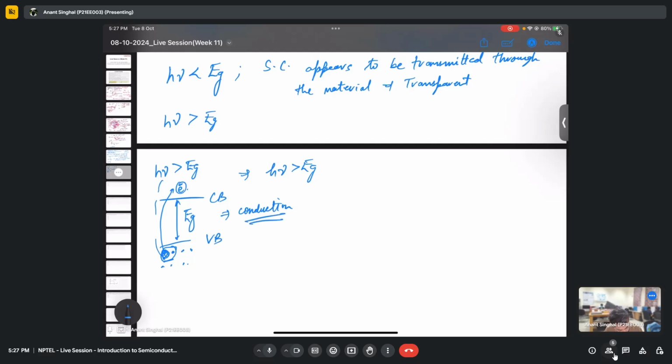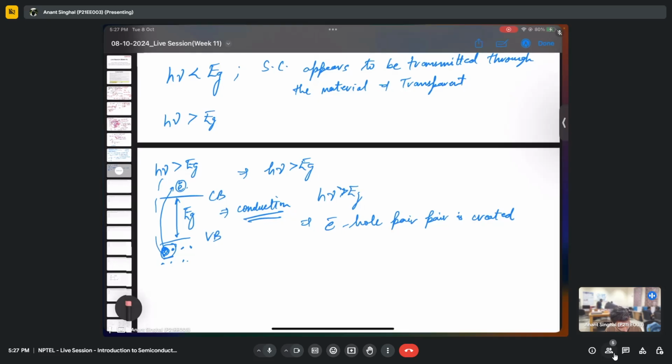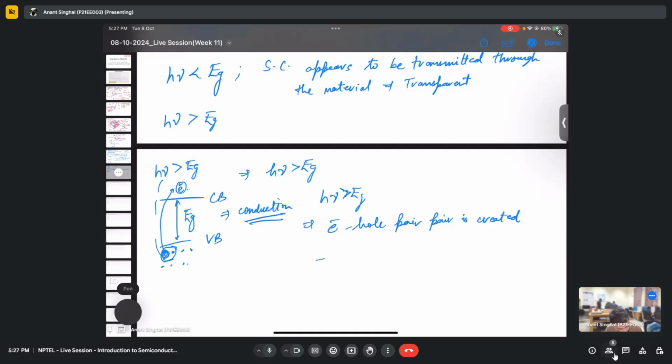So, in summary, if h nu is greater than Eg, an electron hole pair is created, and the excess energy may give the electron or hole additional kinetic energy, which will be dissipated. Energy can be dissipated in the form of heat.